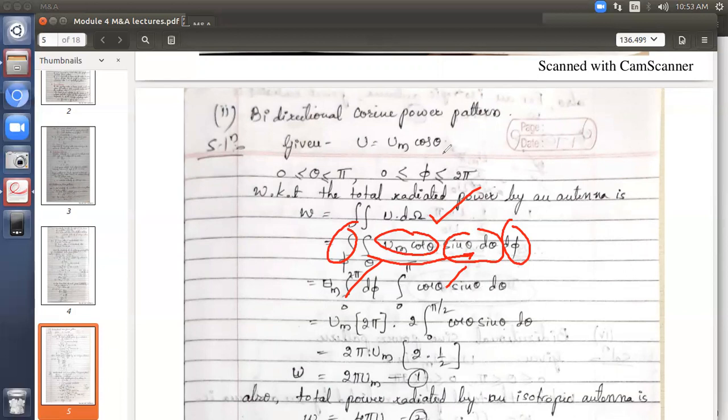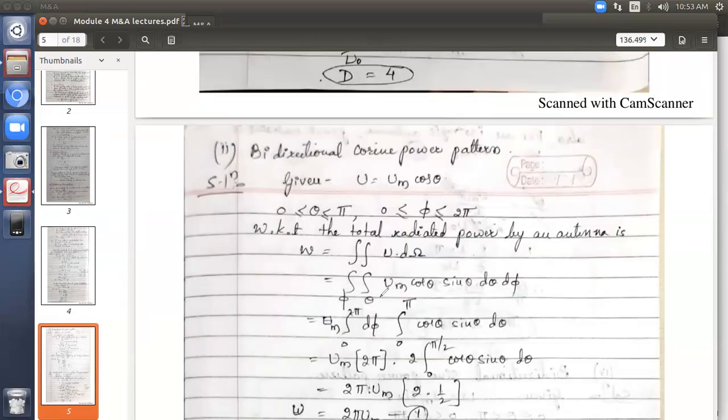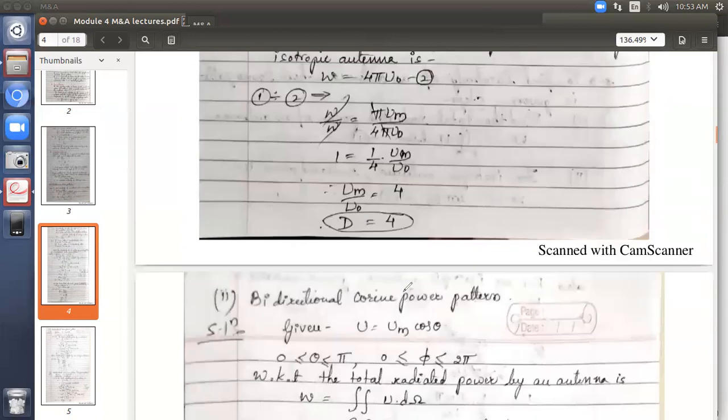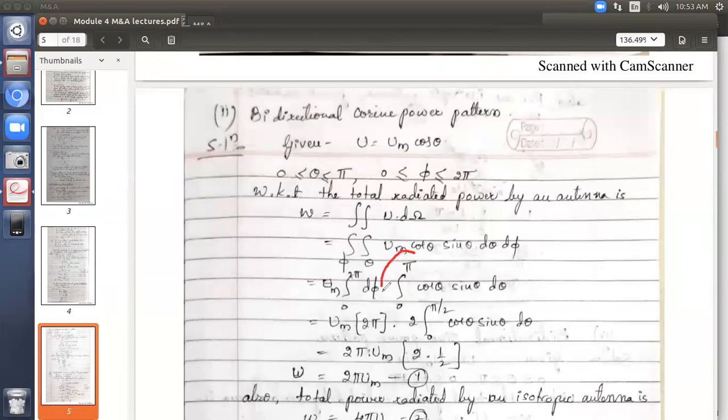For d theta, earlier how we solved? Earlier, the range was 0 to pi by 2. Directly we have taken substitute sin theta is equal to x. Steps will remain the same. What I will do, here the integration is 0 to pi. So I will make use of one integration property.